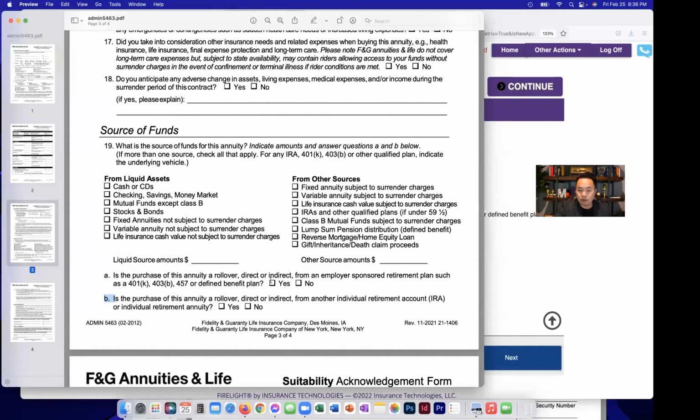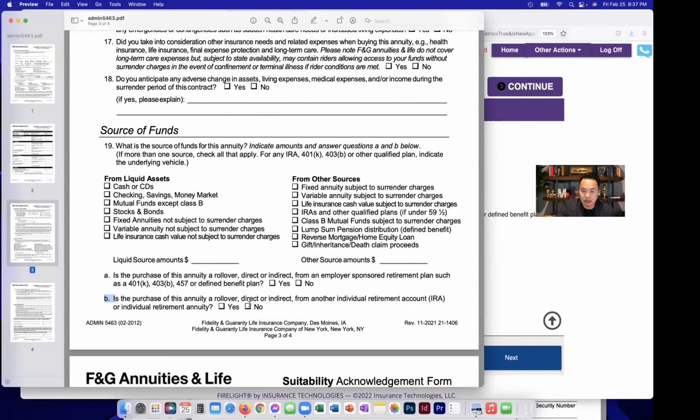A lot of people will say yes and yes, which is wrong. It could only be one yes, okay? If this is a yes, then this is no. Okay. If it is an IRA, up here is a no, and down here is a yes.